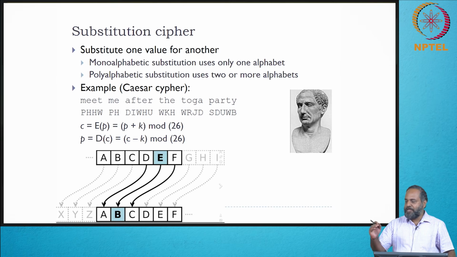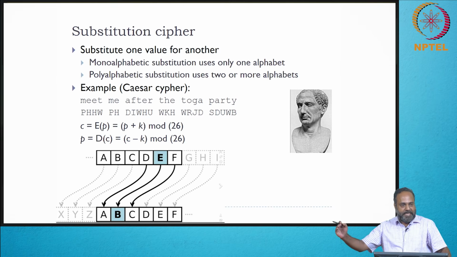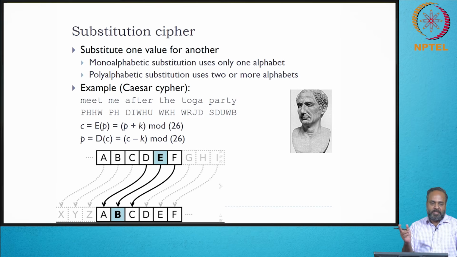Of course, you have a situation when the alphabetical series ends, then it actually wraps back to the first position or the beginning. Okay. So, that is the use of mod 26, meaning it actually goes back to the first position. So, this is monoalphabetic substitution, in the sense it is the same rule that applies for all alphabets.